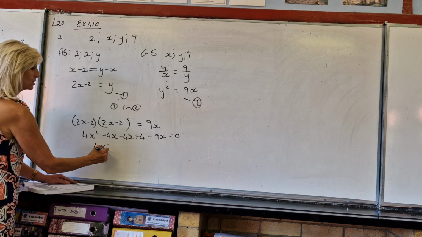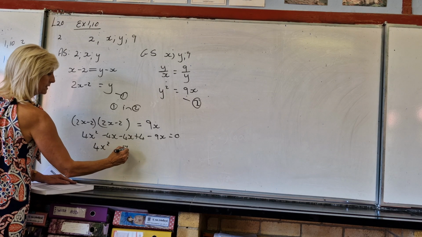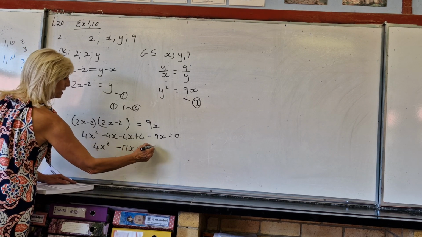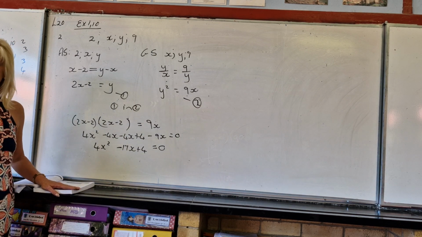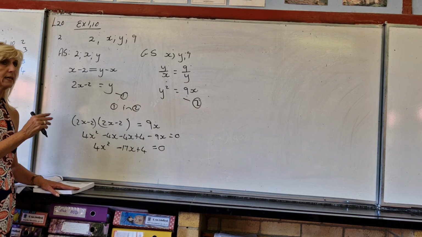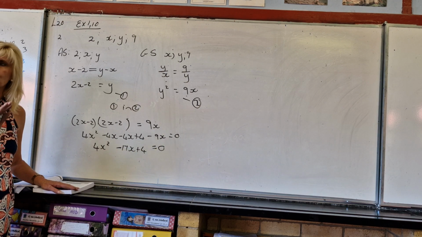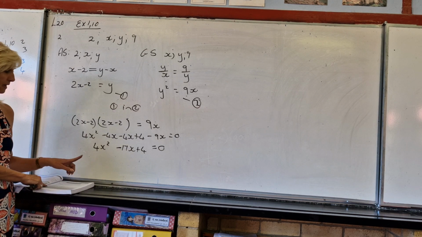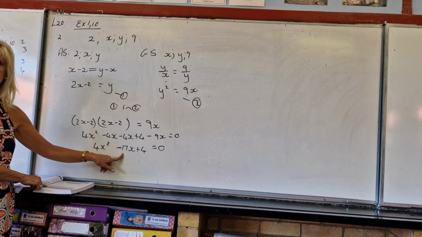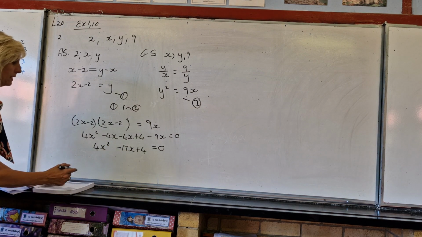Yes, ma'am. 4x squared, then minus 8 minus 9 is minus 17x plus 4 equal to 0, which means I've either got to do the difficult James Bond style factorizing, I can even do the formula, but now that we've got our fantastic new calculators, we are going to do it with the calculator, putting in there a value of 4, b value of minus 17, c value of 4, and what do you get as the answer, please?